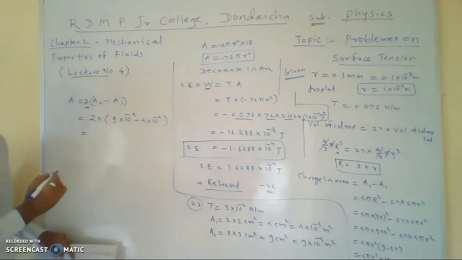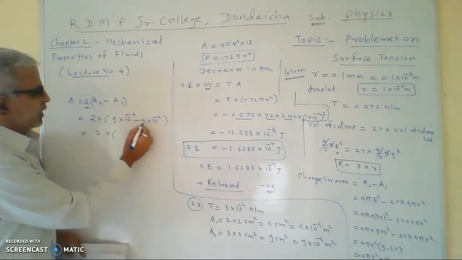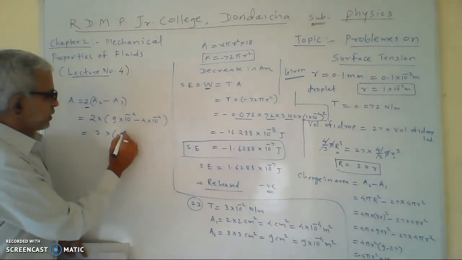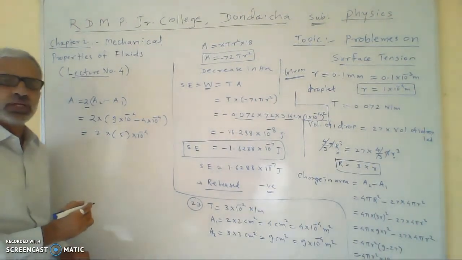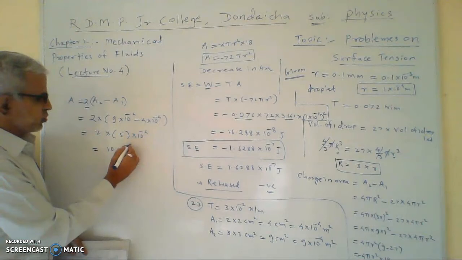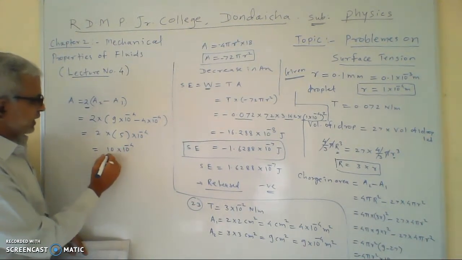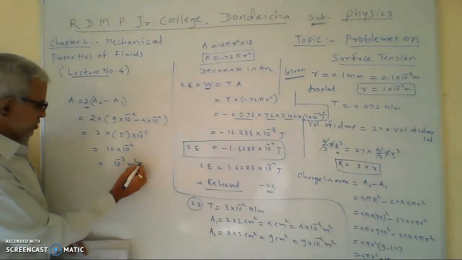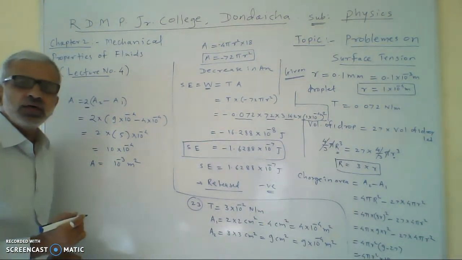So this is equal to 2 multiplied by 9 minus 4, which is 5, into 10 raised to minus 4 common. So this is equal to 10 into 10 raised to minus 4, and equal to 10 raised to minus 3 meter square. This is the change in the area.